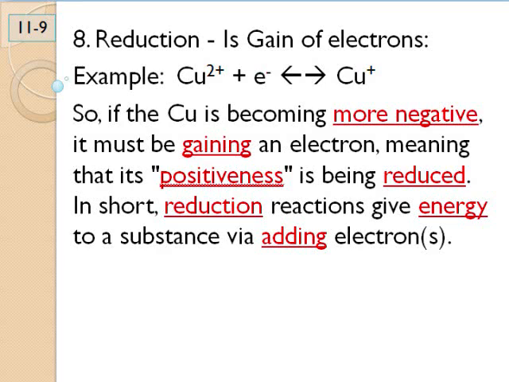And I don't write a 1 because the plus means you got 1. But that's what's meant by reduction. The reduction part is he became less positive. I know I gave you the electron, but that made your plus nature drop. And because it dropped, that's why it's called reduction.